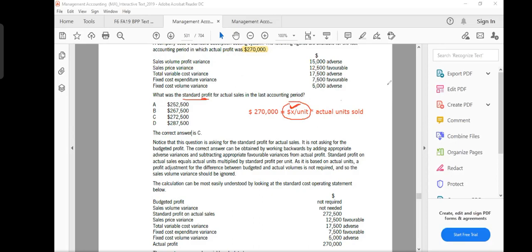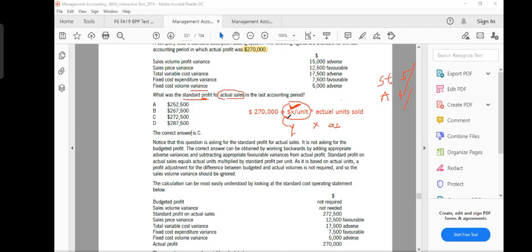Maybe your standard profit is $5 per unit, and your actual profit is only $4 per unit. So these might be different. This is actual profit times actual units. Now change this one to Y, but keep this one the same, based on the actual sales.